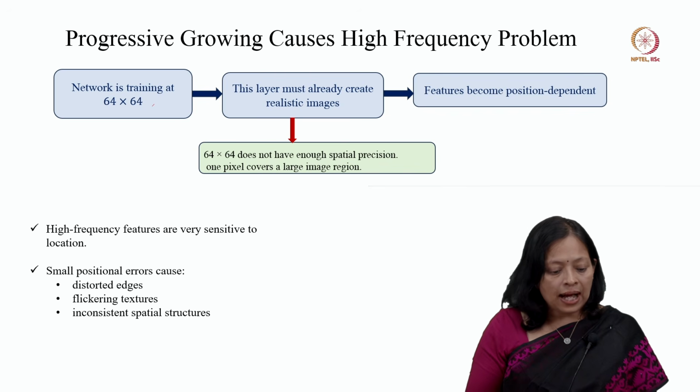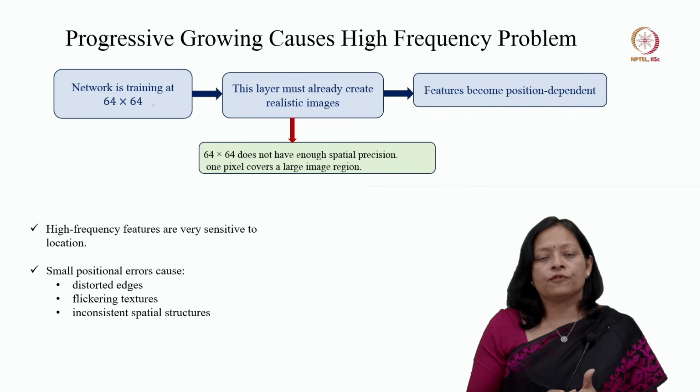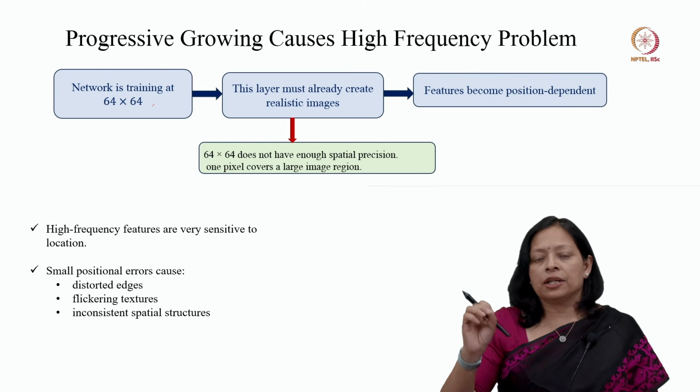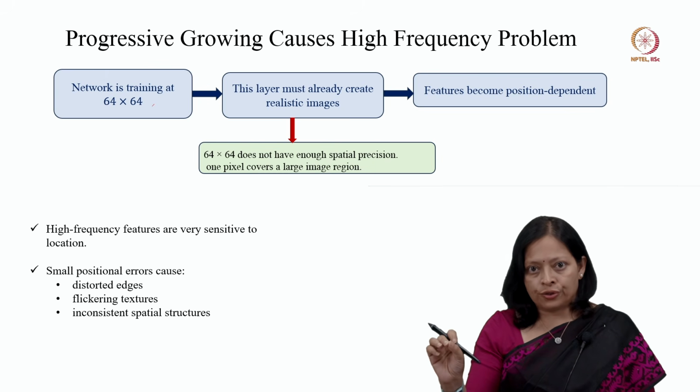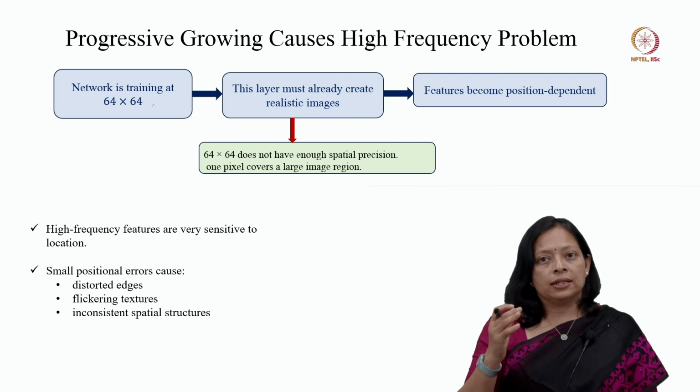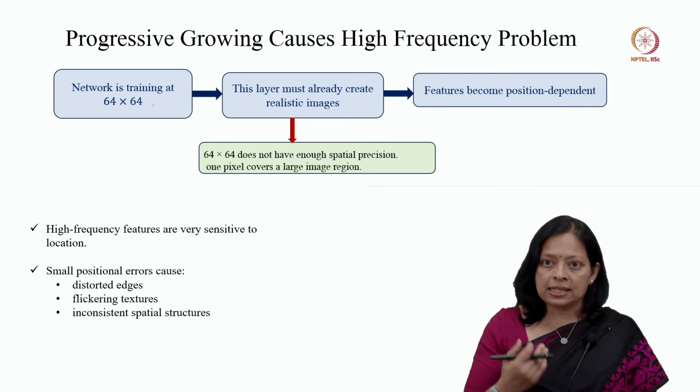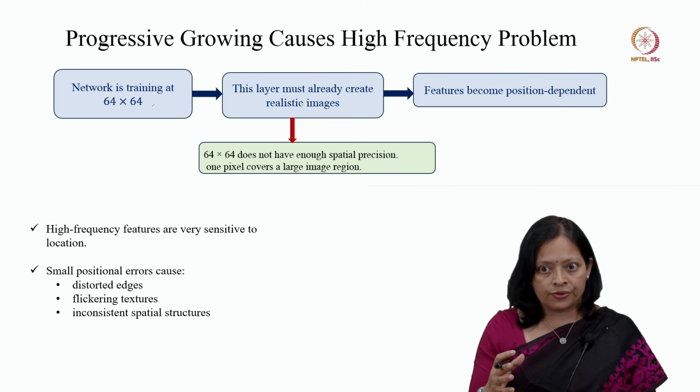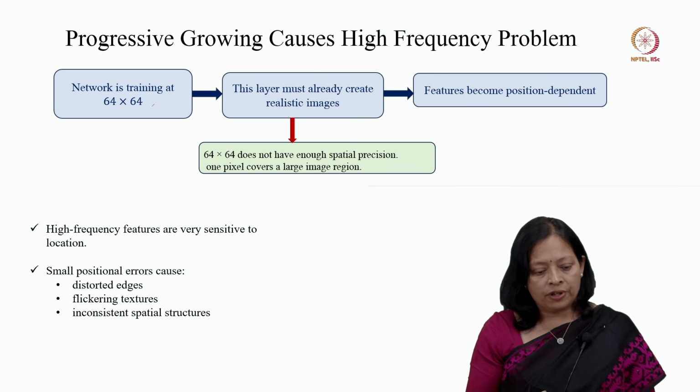So, high frequency features are very sensitive to location. As I was telling, if there is one pixel shift also, there is distortion, there are flickering effects, there is inconsistency in the spatial structures, as I was discussing with the leaf image.